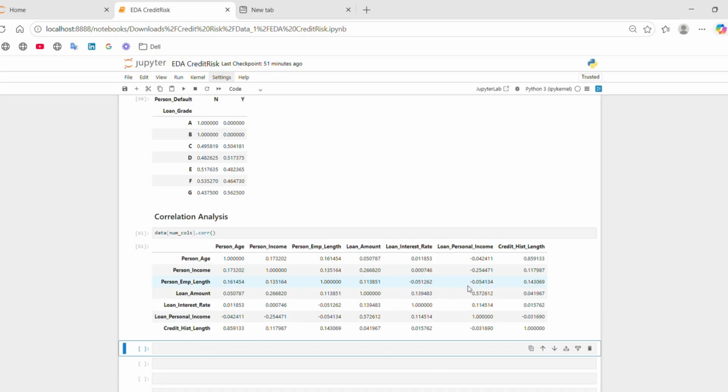This is also logical. So we see a moderate positive relationship between loan amount and income, because the higher the personal income, the higher the chances that the person can take a high loan amount.